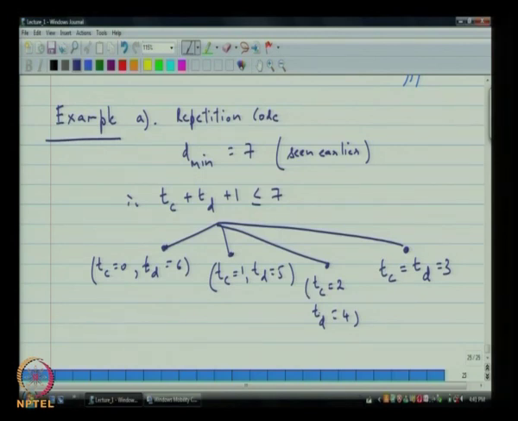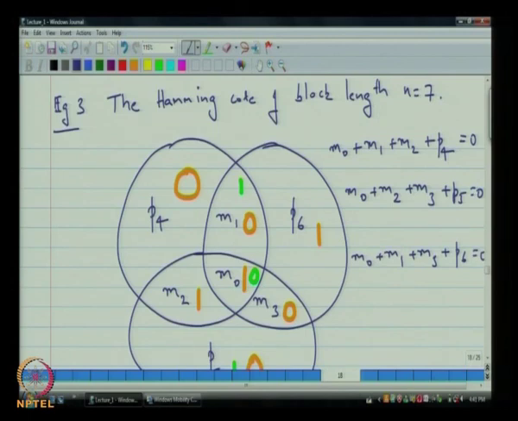Now, one thing that might puzzle you is how is it possible to use the same code to provide different measures of error correcting capability? And the answer is that your decoding algorithm involved using the value of T sub C, because remember we would look in a ball.